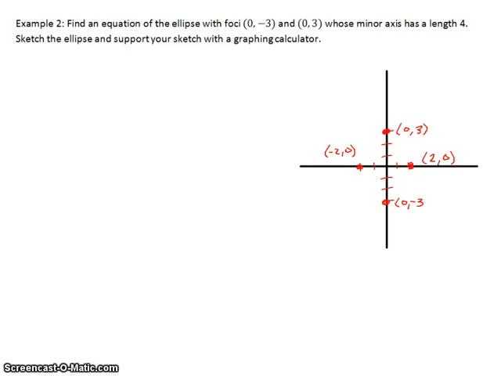So here we have our points drawn, and this tells us a lot. We know that the minor axis gives us the B value. So this distance here gives us a B value that's equal to 2, which means that B squared is equal to 4.